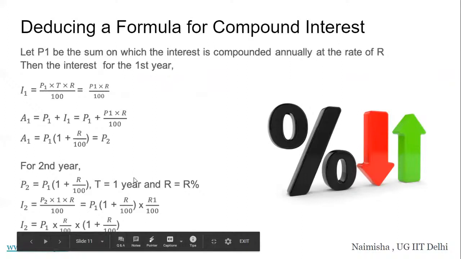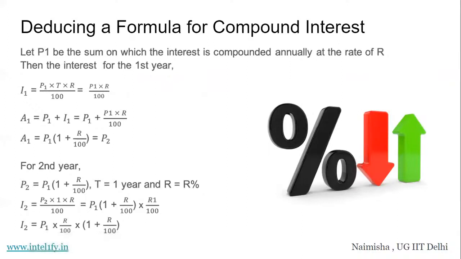Calculation of compound interest using this method turns out to be very hectic when the time period is too long. So we use a formula to calculate compound interest. Let's go through that. Let P1 be the sum on which interest is compounded annually at the rate of R. Then the interest for the first year becomes I1.